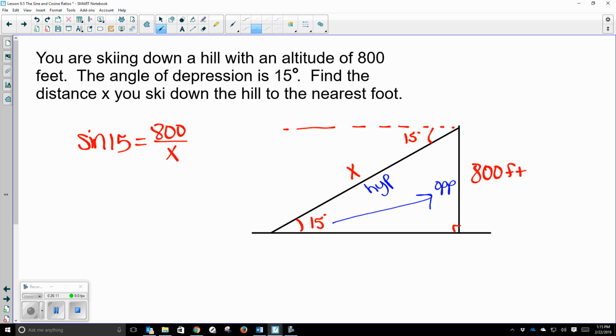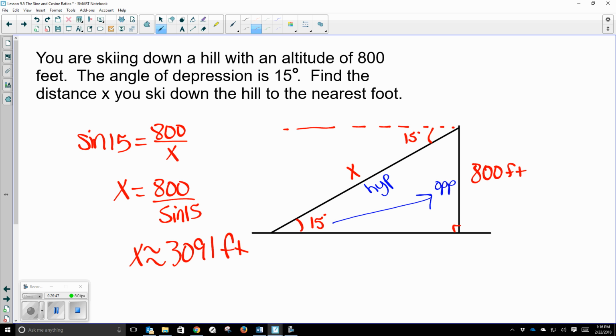When the x is in the denominator, switch it out. To the nearest foot means what place? The ones place? Okay.